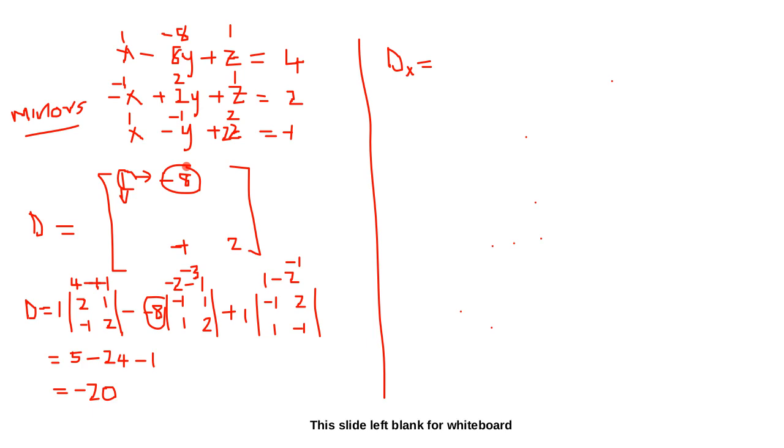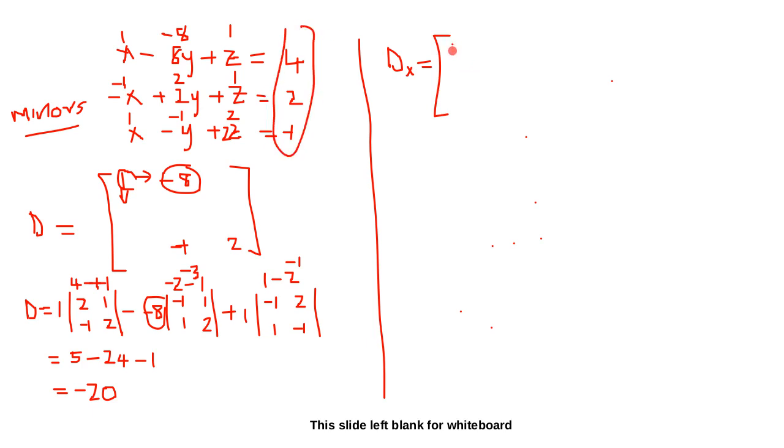Okay, so can we go to dx? First of all, we said that to get dx, we use the coefficient matrix, but now we change the x column with the constant column. So for dx, we change the x column by the constant column, and the constant column is this.